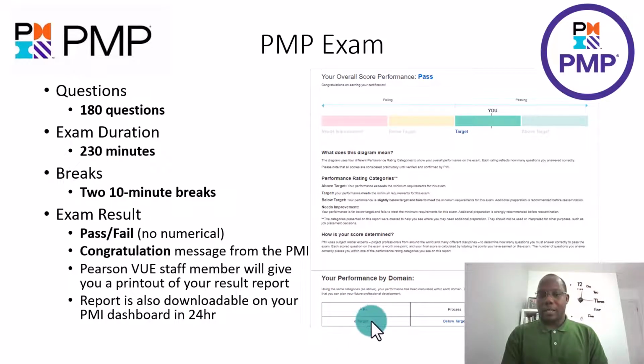In this case, this person has got above target in people domain, below target in process, and above target in business environment, and therefore the person still passed the exam. But if that person had got needs improvement here, obviously they would fail even if they got above target in the other two. So that's pretty much how the PMP exam is.